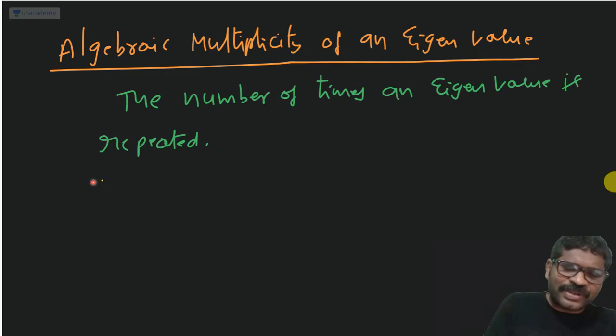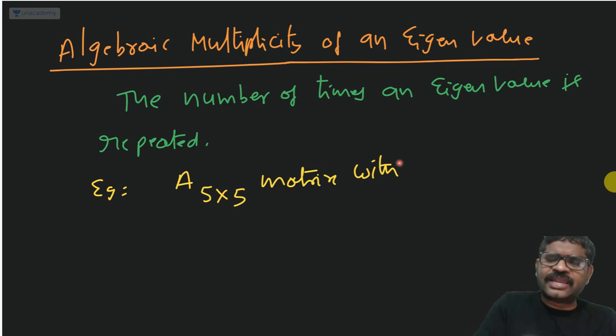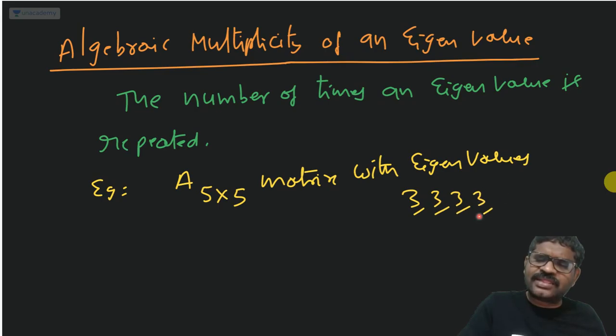For example, A is a 5 cross 5 matrix with a total of 5 eigenvalues. In those 5 eigenvalues: 3, 3, 3, 3, 6.